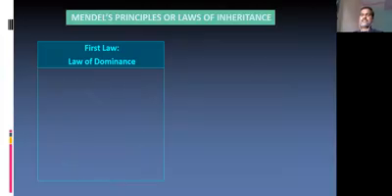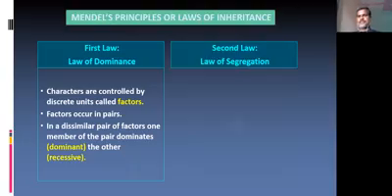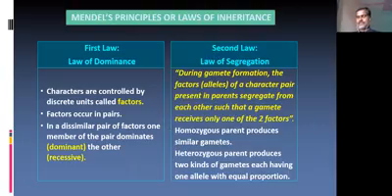Mendel's principles or laws of inheritance. The first law is law of dominance, and the second law is law of segregation. The first law, law of dominance, says that characters are controlled by discrete units called factors.